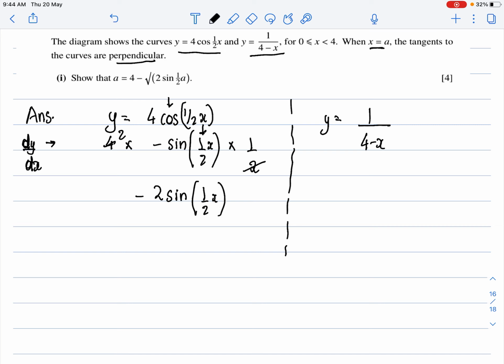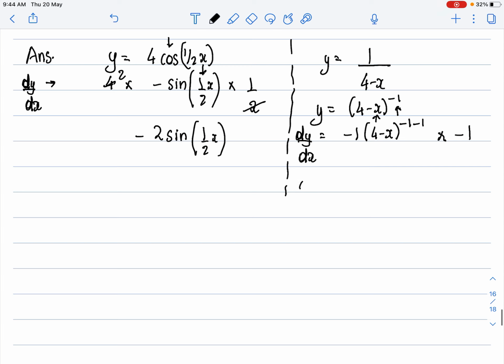Now when I differentiate this, I can write this as y equals 4 minus x raised to minus 1. So my dy by dx will be the outer bracket first. So it's minus 1 into 4 minus x raised to minus 1 minus 1, into, because the chain rule applies, the differentiation of 4 minus x, which is minus 1.